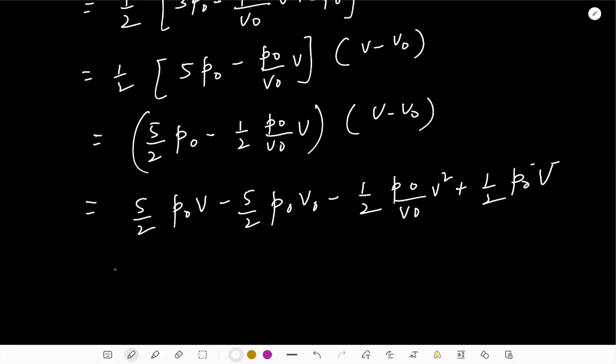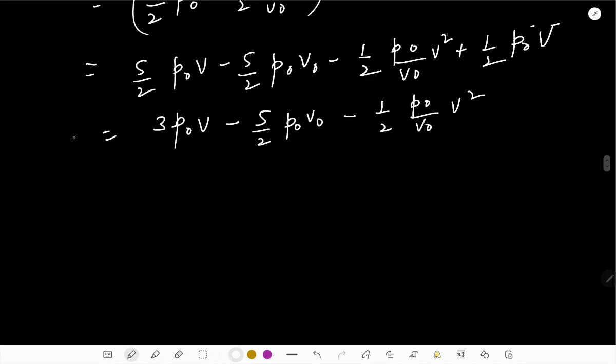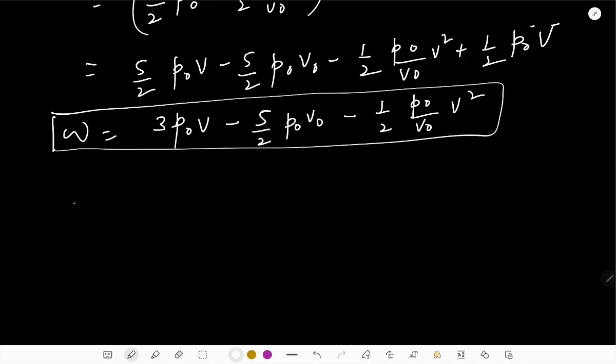Okay, so here 5 by 2 P naught V plus half P naught V, and that's going to be 3 P naught V minus 5 by 2 P naught V naught and minus half P naught upon V naught V square. And now, this is the work done. And now we need to find the value of Q.